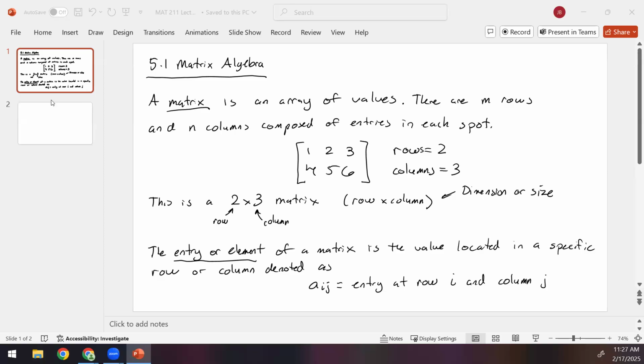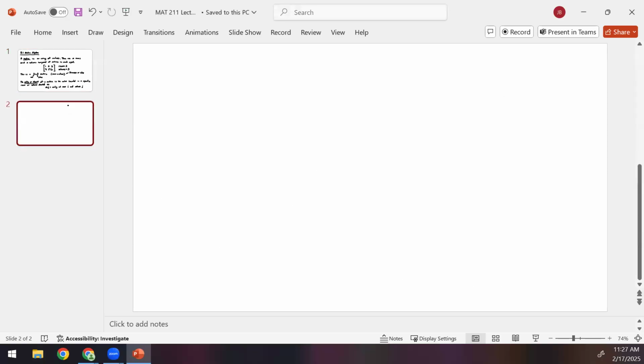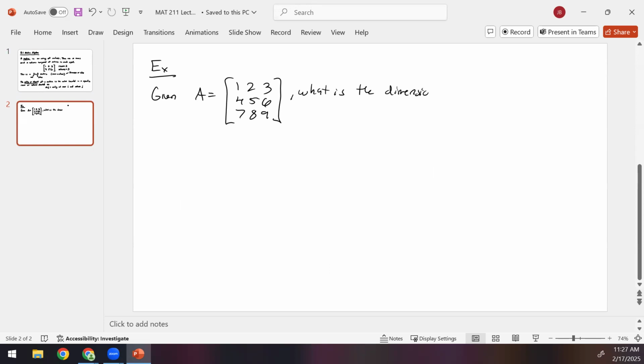So if we do an example, just kind of illustrating what we just talked about. Given A is equal to 1, 2, 3, 4, 5, 6, 7, 8, 9. What is the dimension and what value is located at a_23?